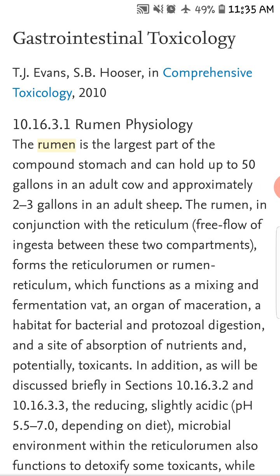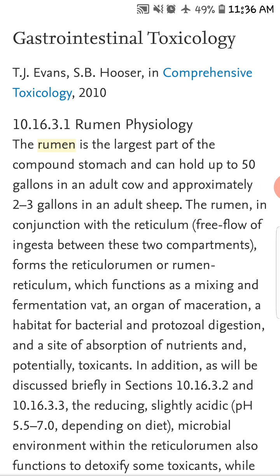The rumen in conjunction with the reticulum means free flow of ingesta between the two compartments, with smaller particles moving on and larger particles going back to the rumen for further digestion and fermentation by anaerobic bacteria.